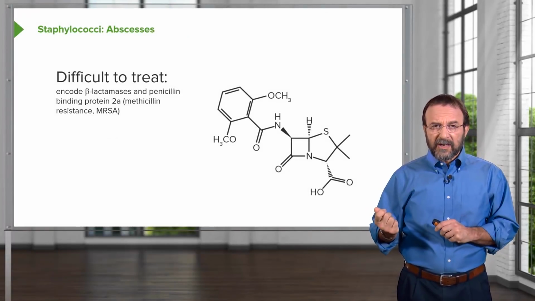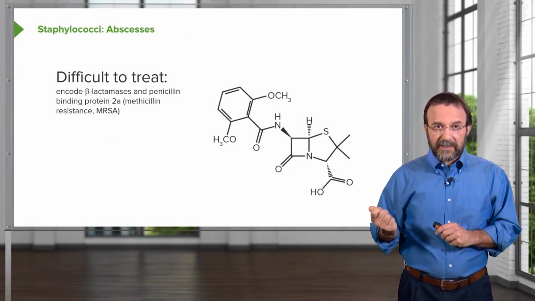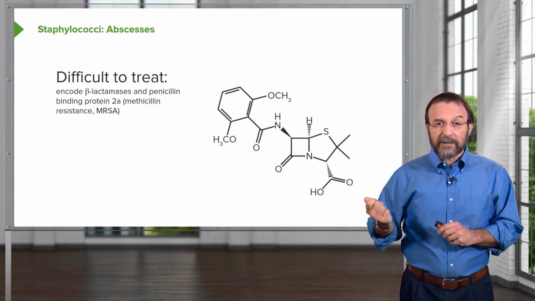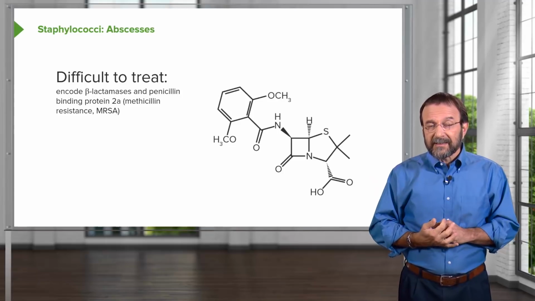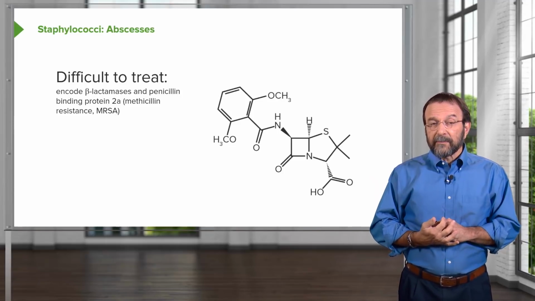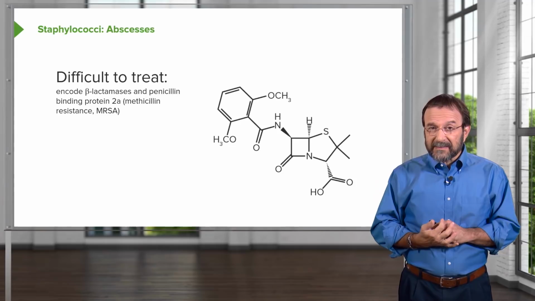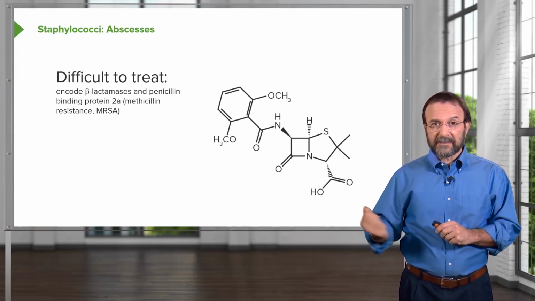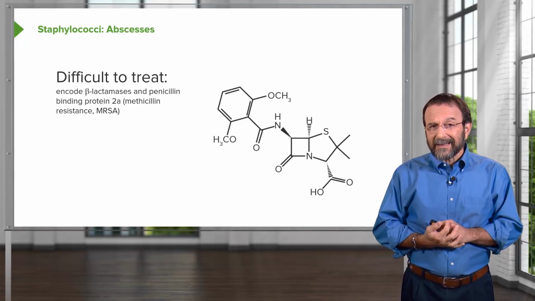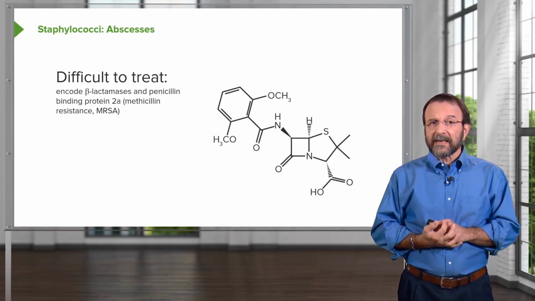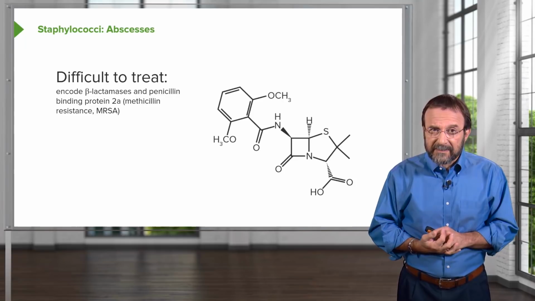Staphylococcal infections are very difficult to treat. Antibiotic resistance has become widespread among the staphylococcal strains that colonize us. There are many beta-lactamases in these, as we discussed in another lecture on general bacteria, and those beta-lactamases encode resistance to the penicillin-type antibiotics.